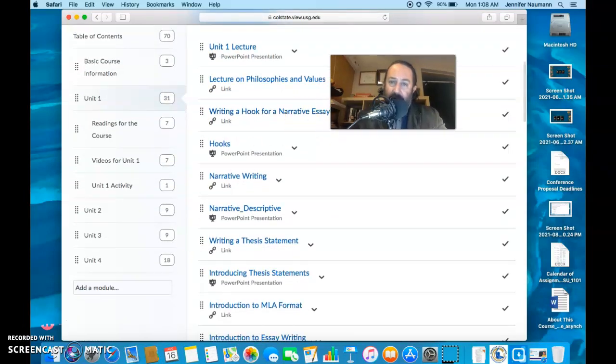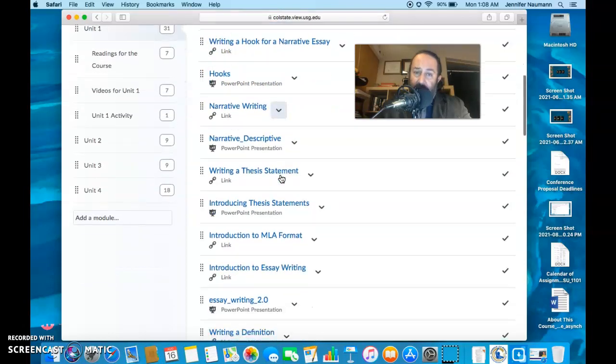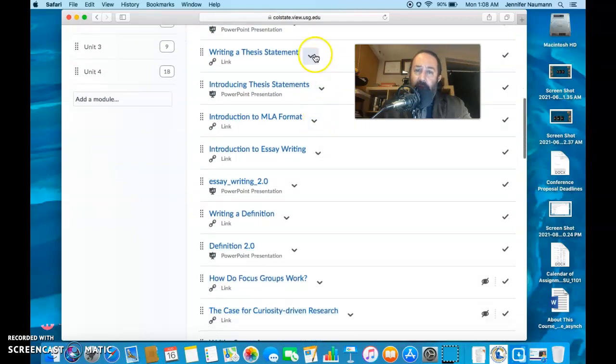And then because this is, well, a thesis-driven paper in Unit 1, it has some narrative elements. I thought it would be good for you to have all this other basic foundational information on writing a hook for a narrative paper, my presentation on hooks, narrative writing, which is a video lecture, and then you have the lecture itself, writing a thesis statement.